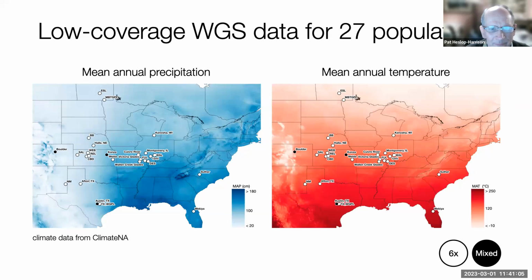Okay. You can do so much with 50,000, 100,000 SNPs. That's still way more than you're getting from GBS data sets. And the cost of low coverage whole genome sequence data is comparable to GBS data. So I think there's a real argument for switching to low coverage whole genome sequence data from GBS.